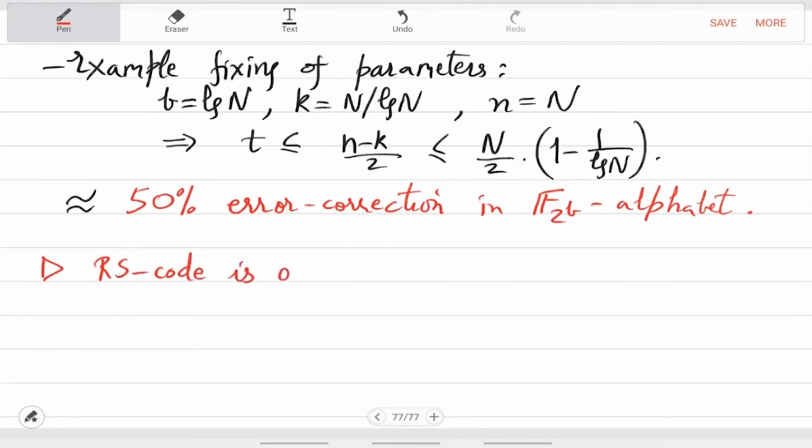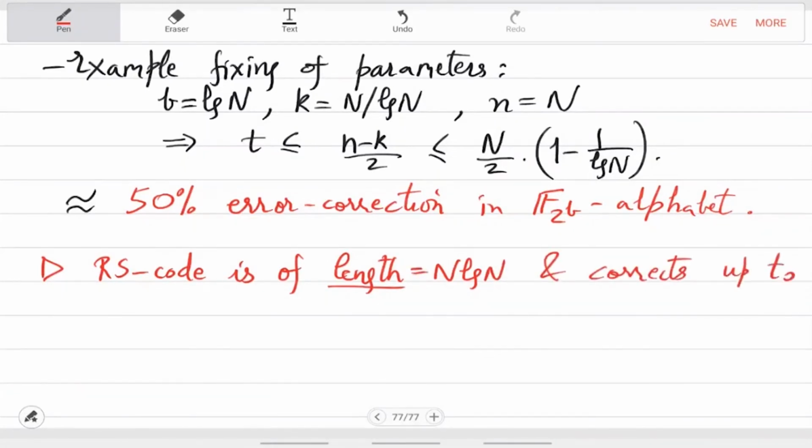So the RS code is of length n log n and corrects up to n by 2.